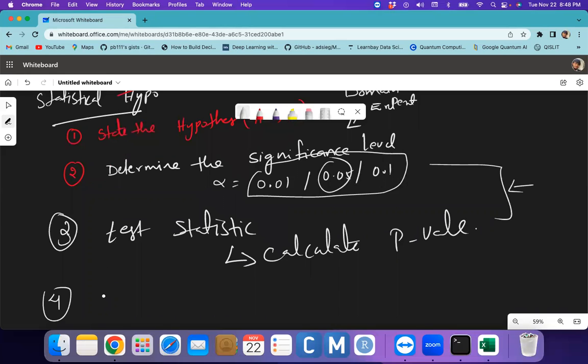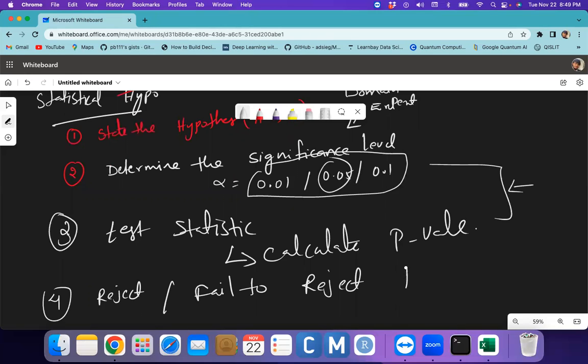So we have to take the decision whether to reject or fail to reject the null hypothesis. Failing to reject the null hypothesis means accepting the null hypothesis. Rejecting the null hypothesis means accepting the alternate hypothesis.